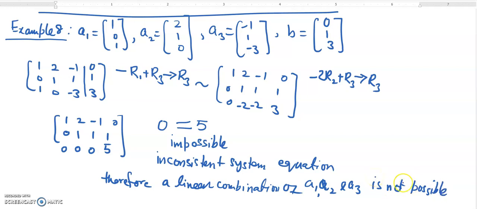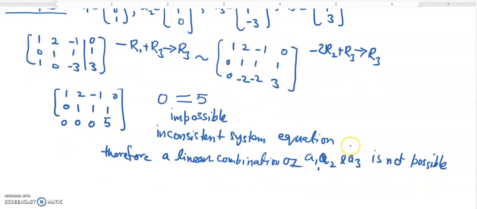Not possible for what? Not possible to obtain the given value of b.